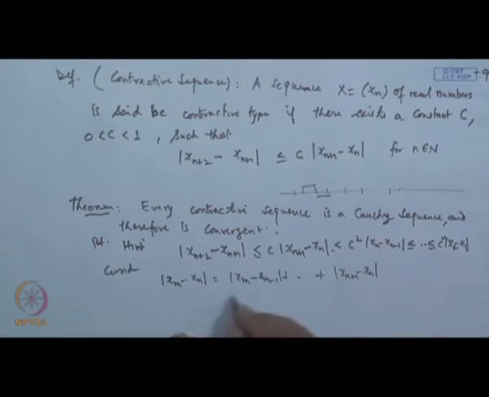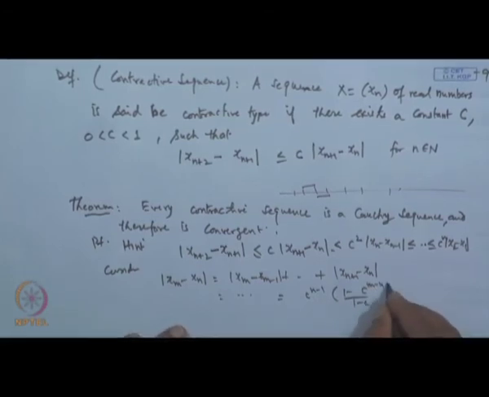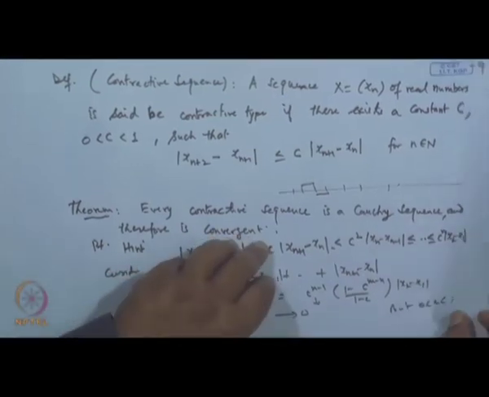Then substituting these values, finally this will come out to be c to the power n minus 1 minus c to the power m minus n, divided by 1 minus c, times mod x 2 minus x 1. But c lies between 0 and 1, so this part tends to 0 as n tends to infinity. So, it is a Cauchy sequence. Okay, prove it.